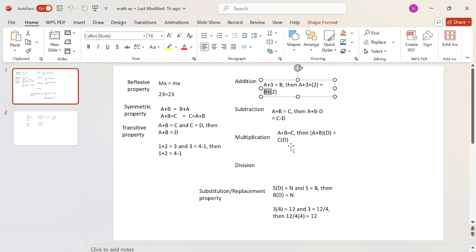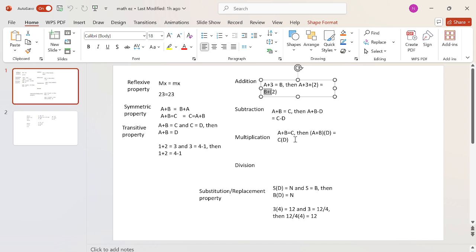In the subtraction property of equality, it's just like addition but you're doing subtraction. If you subtract d with b, you should also subtract d by c.